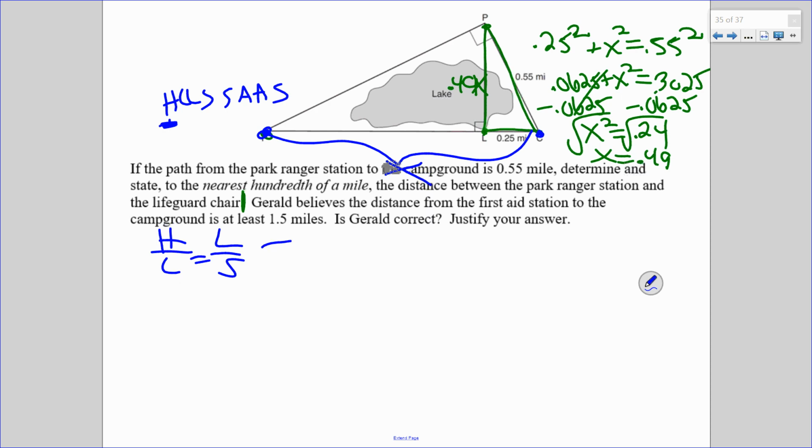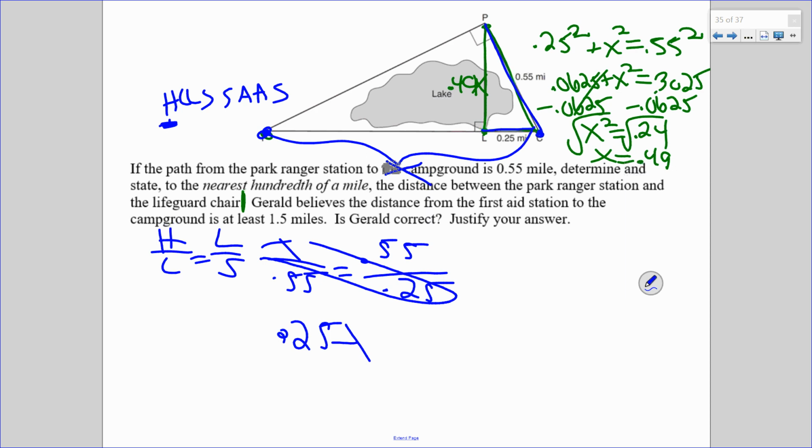H is X. The leg is 0.55. If I'm using this leg, I have to use this segment, which is 0.25. 0.25x, and cross multiplying, equals 0.55 times 0.55.